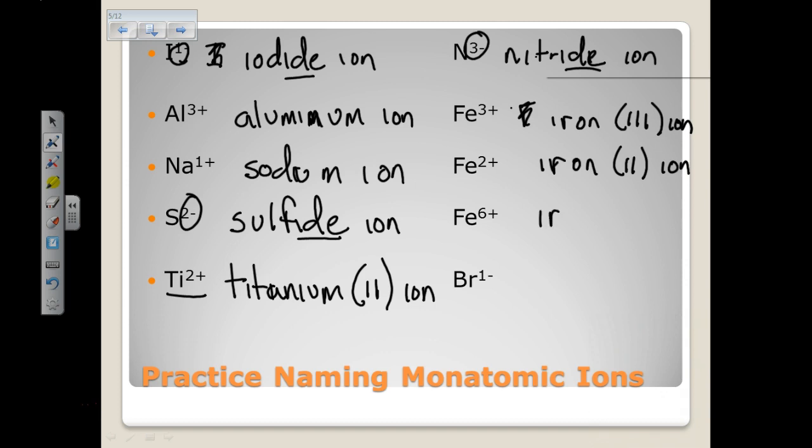And this one is the iron(VI) ion. Notice I'm using Roman numerals, so that may be something that you need to look up, how to use Roman numerals. But then here we have a negatively charged ion, the anion, and this is bromine, so it's bromide.